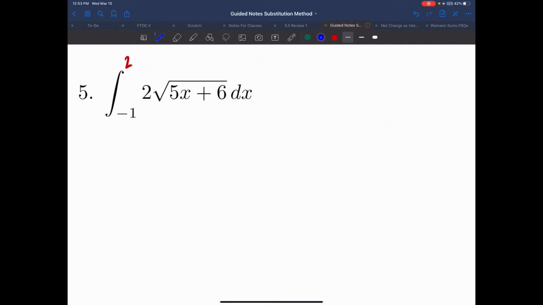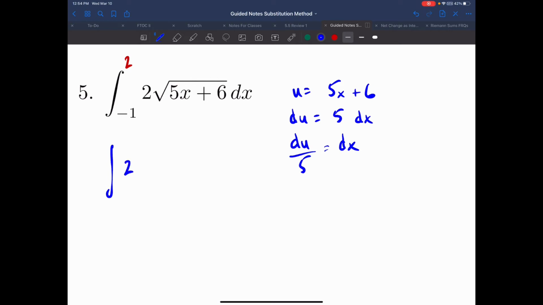Okay, so the integral from -1 to 2 of 2 times the square root of 5x plus 6. So u, I'm going to choose it to be 5x plus 6. Take the derivative. Solve for dx and substitute in. So I would have the integral, and I'll do this slowly. So this is 2 times square root of u, that's to the 1/2.